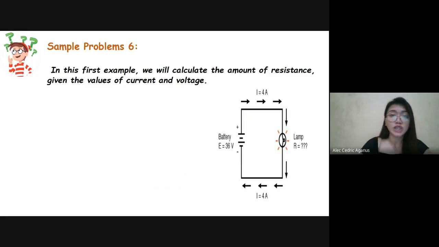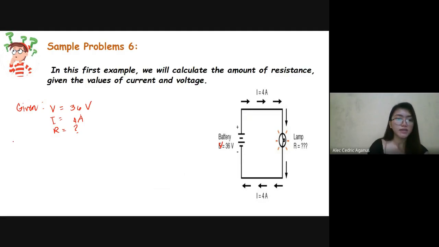So voltage is equal to 36 volts and current is equal to 4 amperes. Now solve for the value of resistance.